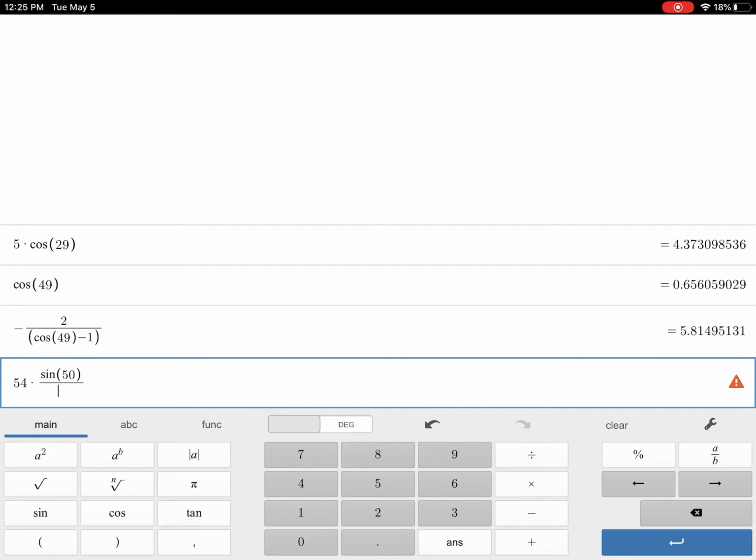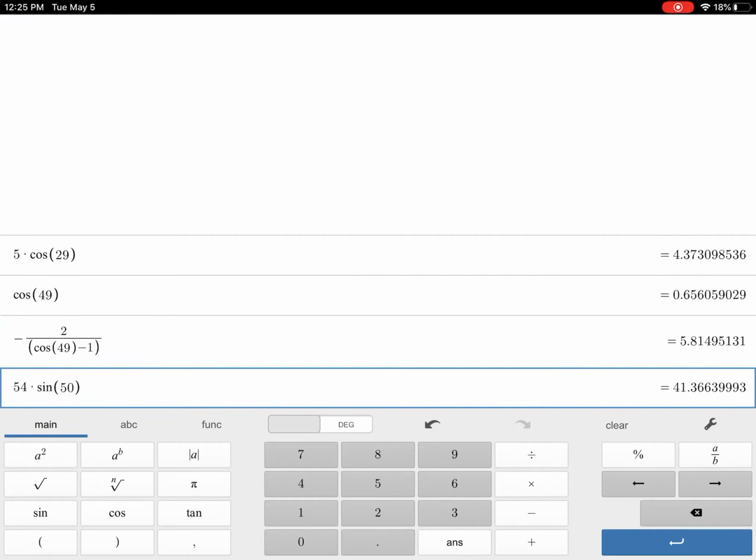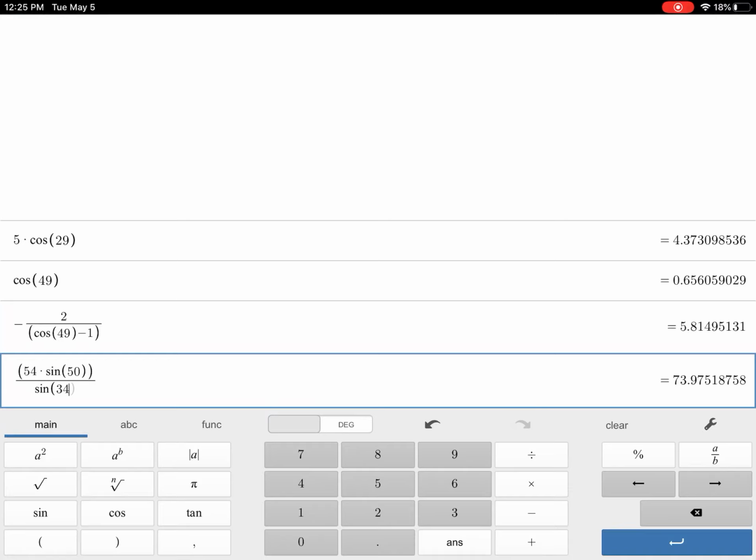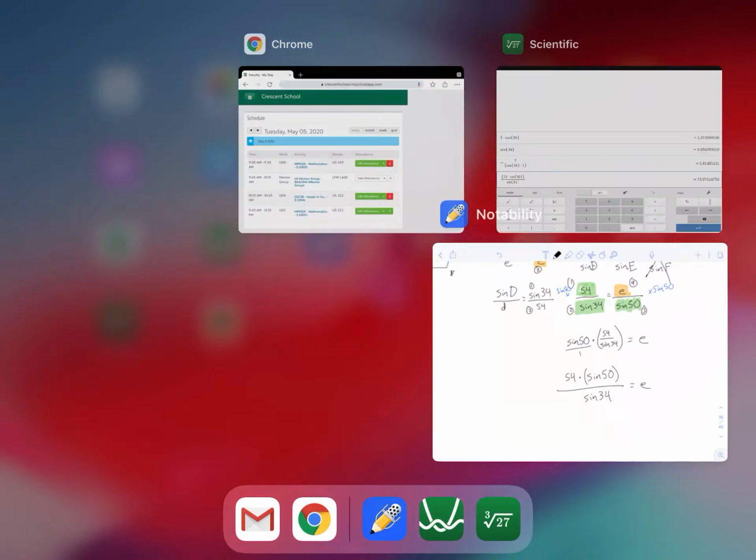This will work just fine, but you'll notice on my calculator I can type in big brackets to put this whole thing on the numerator and then divide it by sine 34. And it just looks a little cleaner there. We get the answer of 73.975, or 73.98.